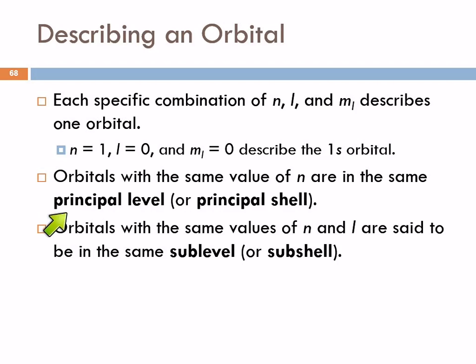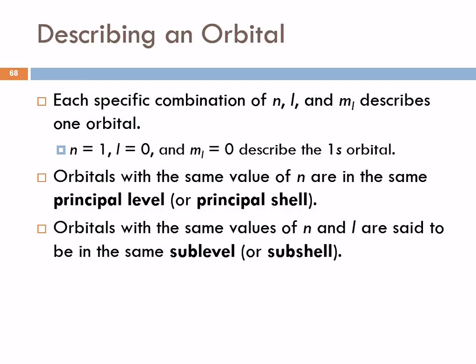Orbitals that have the same value of n are in the same principal level. And the Bohr model is not correct, but it's much easier to visualize. And so I think of the principal quantum numbers as being like a group of orbitals that are in the same level.